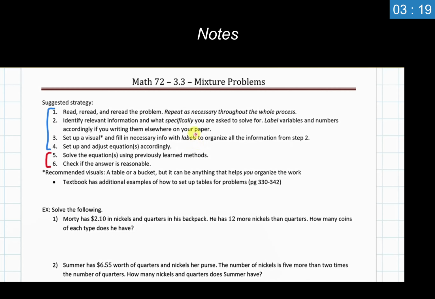It's only after we've done all of these things that maybe we start setting up equations and we adjust those equations accordingly. There's nothing wrong with writing out something in a general form, and then maybe in the next line, I'm going to modify it and make it a little bit more accurate to the problem, and then the next line, I revise it and make it a little bit more accurate again, and so on and so forth.